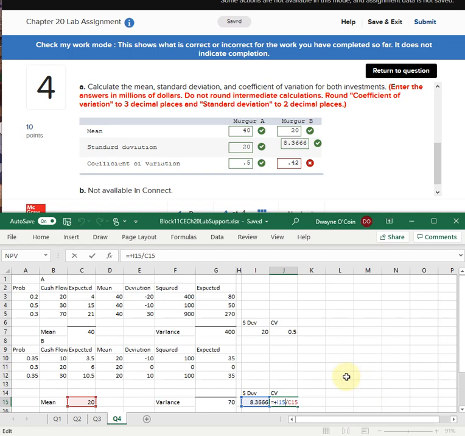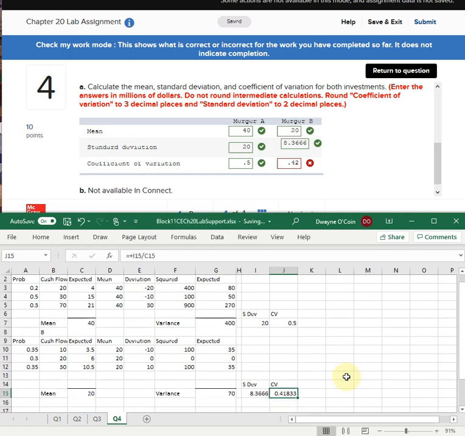I think the problem might be that we didn't round the standard deviation. So let's try a rounded version of this. I'm going to take 8.37 and divide it by 20 and see. It's pretty much the same number, 0.4185.